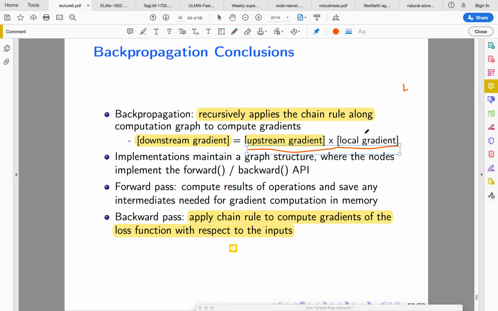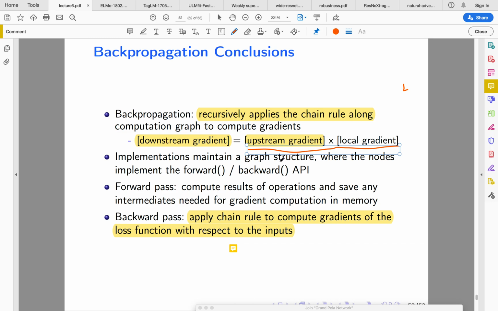Then we have intermediate variables that we take a partial derivative with, and you multiply to get our downstream. Once you calculate a downstream for one, it becomes the upstream. Then you calculate the local gradient and multiply with the upstream. That's very important to understand. We do that recursively, because downstream keeps changing to upstream and we continue like that.